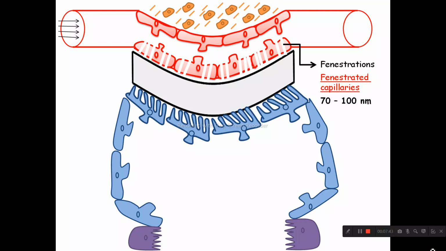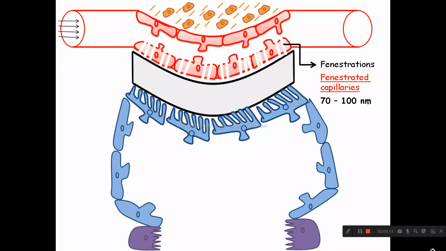Now, because this whole layer has to act as a filtration system, the filtered material has to pass through these fenestrations. Therefore, glomerular endothelial cells have thousands of perforations or fenestrations, each about 70 to 100 nanometers, and these perforations enhance the filtration process. Okay. So this was the special thing about the endothelial cells.